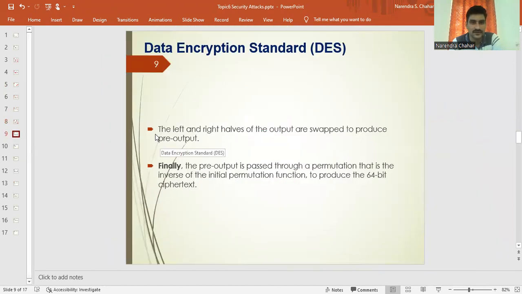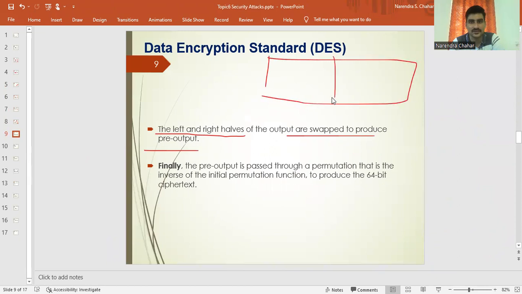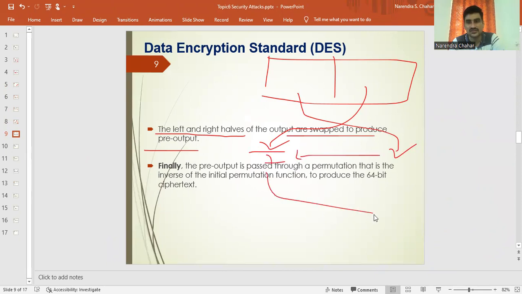The left and right halves of the output are swapped to produce the pre-output. Just like I said, the first 64 bits are here, and these are swapped. The left bits are XORed with the right ones and swapped with each other.